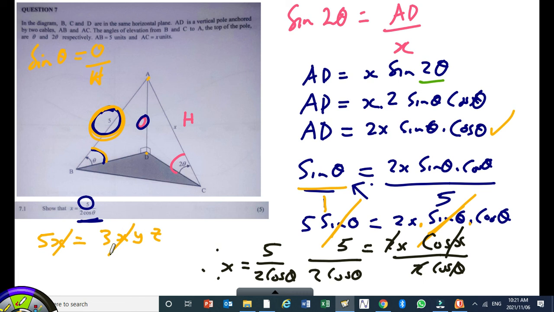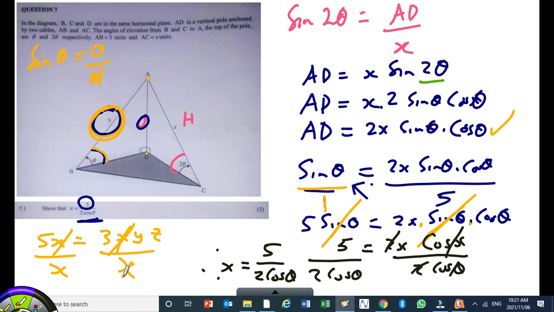You should know that by now. It's not something that you should be surprised about. If I divide both sides by x, the x and the x cancel. So if I divide both sides by sine theta, this sine theta and that sine theta will cancel.